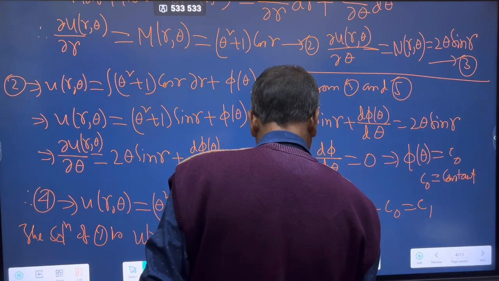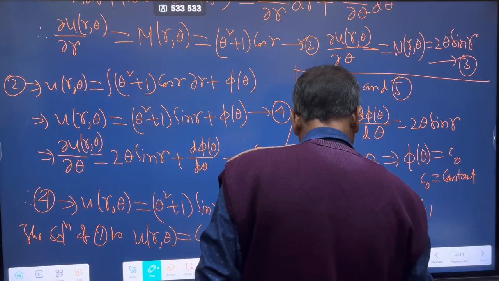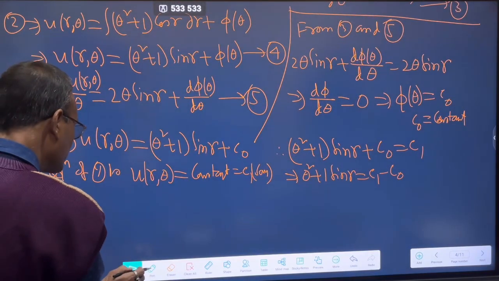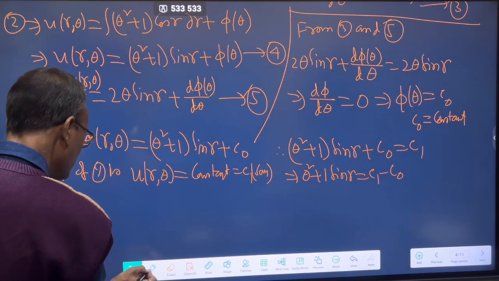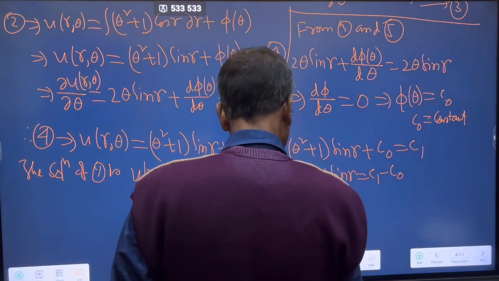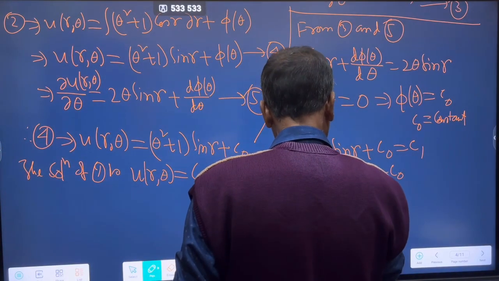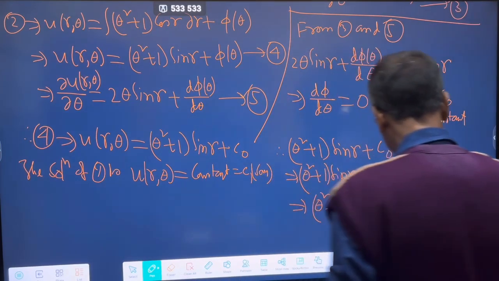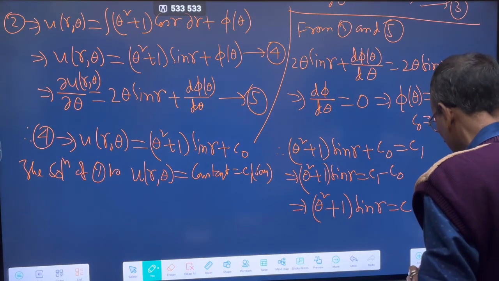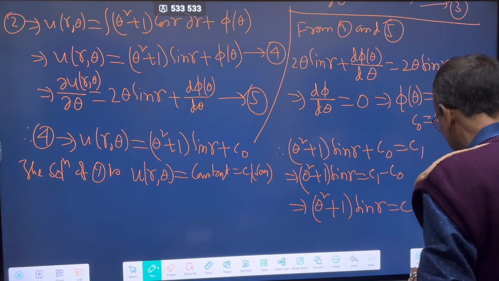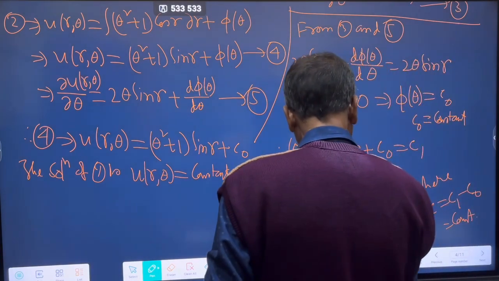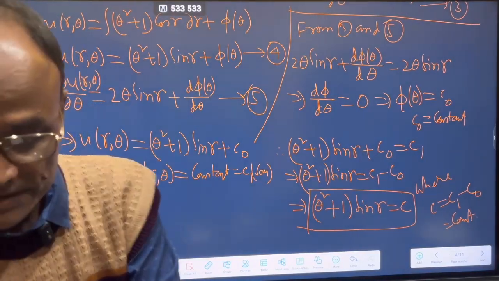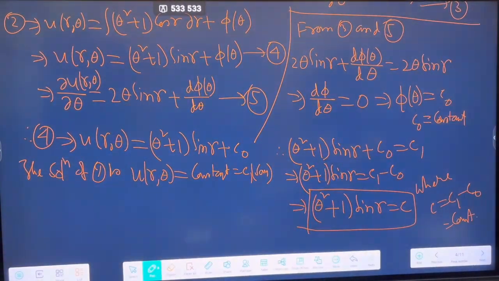This means (θ² + 1) sin r equals C₁ minus C₀. This means (θ² + 1) sin r equals C, where C equals C₁ minus C₀, a constant. Therefore, the solution of the differential equation is (θ² + 1) sin r equal to C.